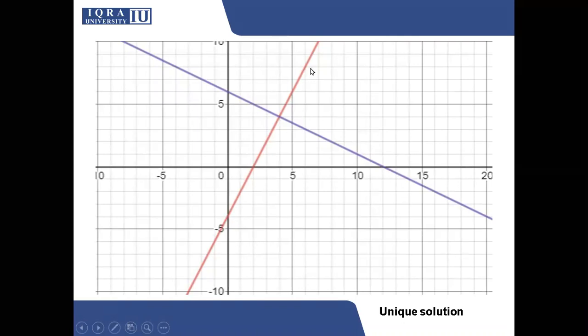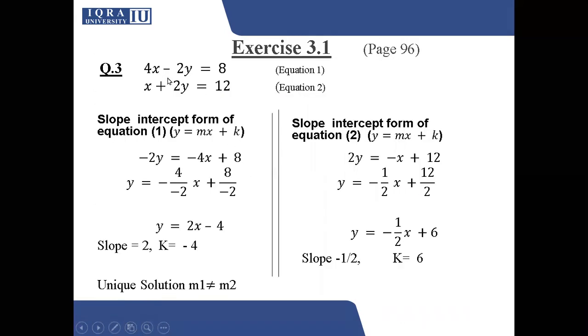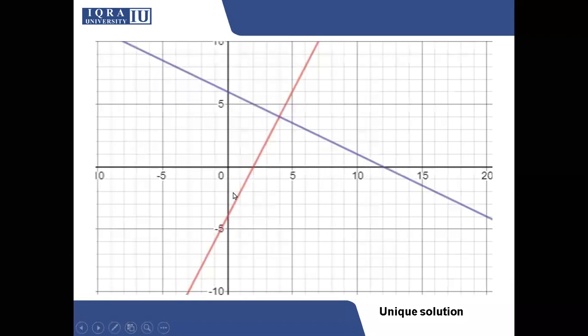Now this is basically the graphical representation of this answer. 4x minus 2y equals 8 graphs as this line, whereas the second equation graphs as this line. And this point right here, this is the unique solution. The solution to this system of equations is x equals 4, this is 4, right?